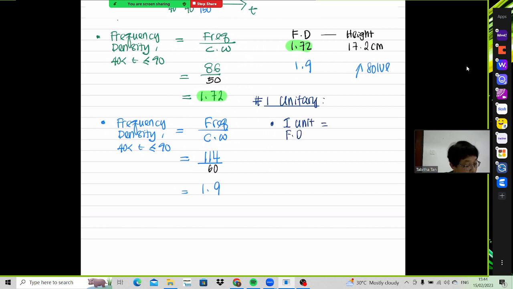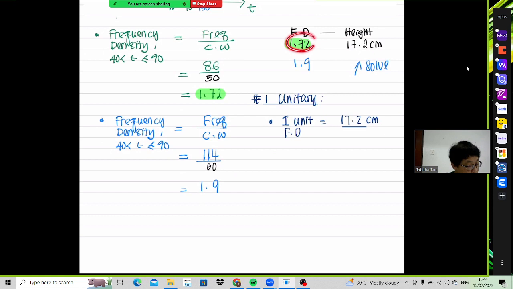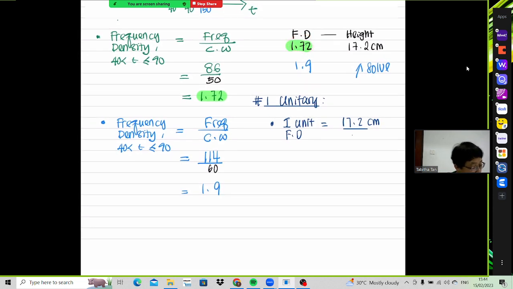How many centimeters are they representing? So you take this 17.2 divided by how many frequency density? 1.72. So this amount represents 1 unit.